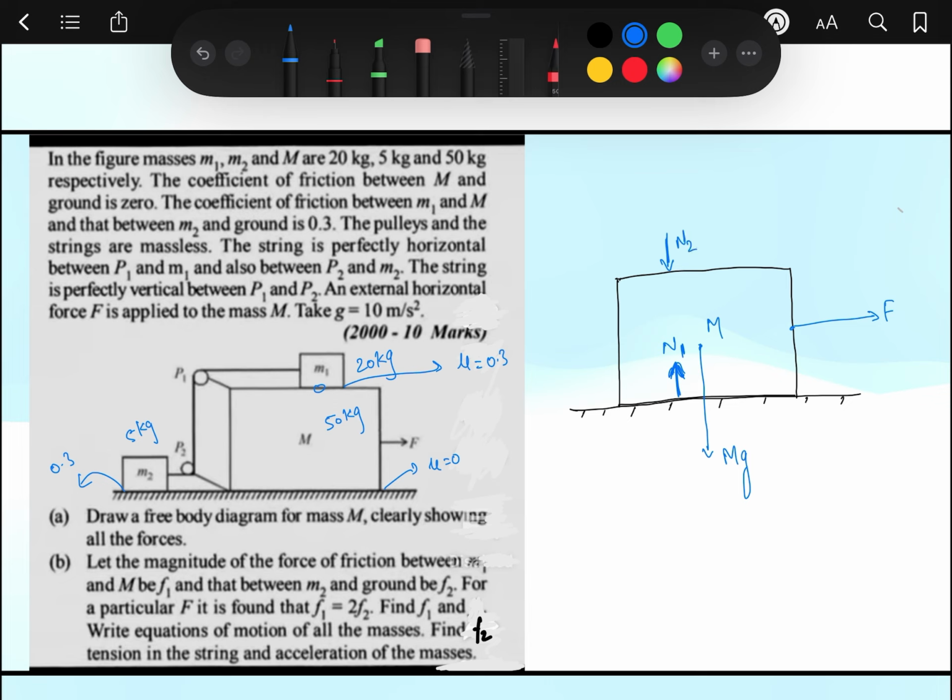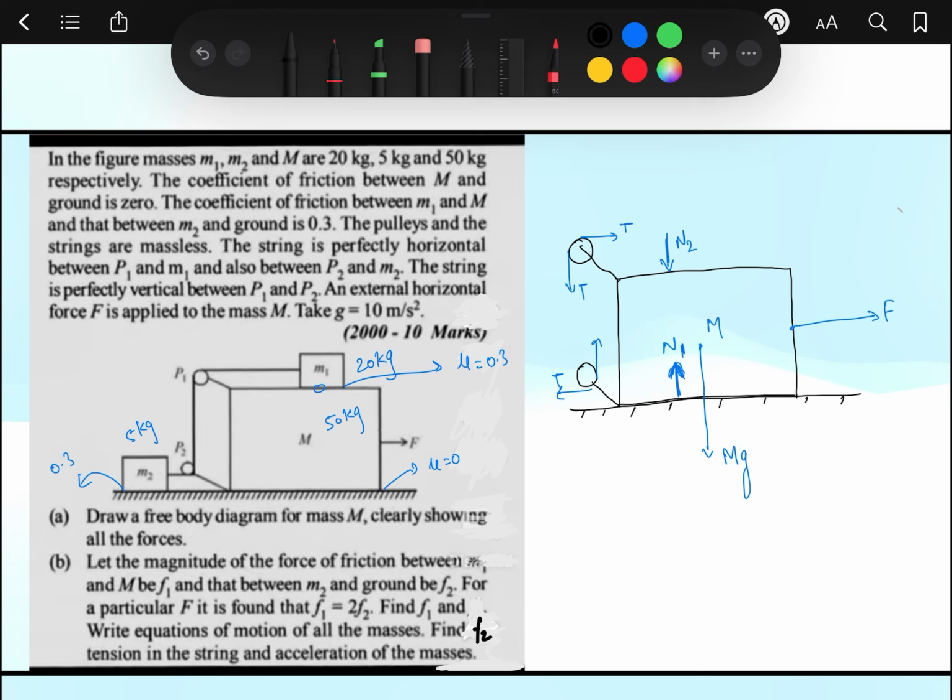Okay, and these pulleys are connected with it, so there will be some tension force acting on these pulleys. So let me denote it like this. These are the two different pulleys. So there will be tension force acting tangentially to these pulleys like this. Okay, so here are all the forces we have denoted that are acting on this capital M block, right?